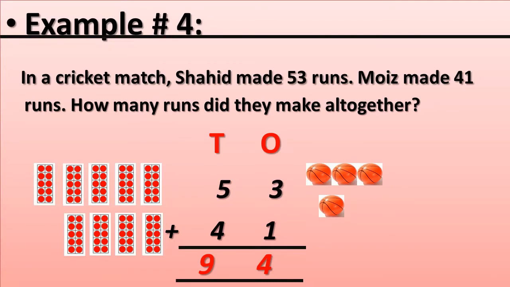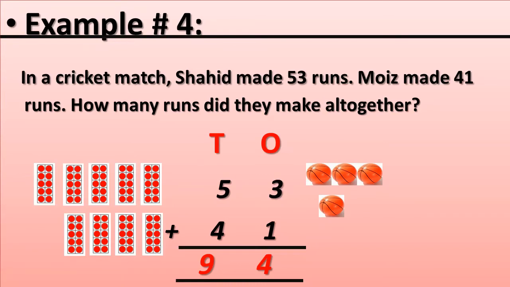How many runs did Moise make? Yes, he made 41 runs, which means 4 tens, 1 one. So here we will write 4 tens, 1 one. Now tell me which column do we add first?